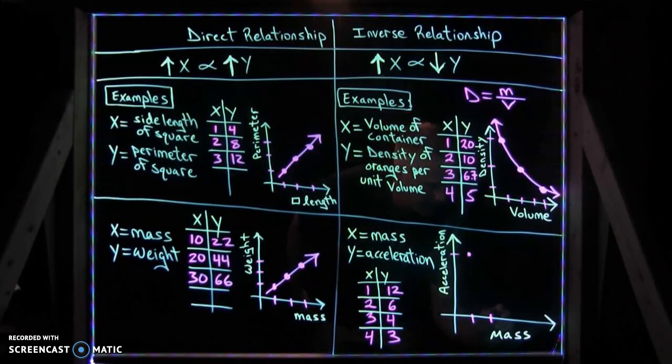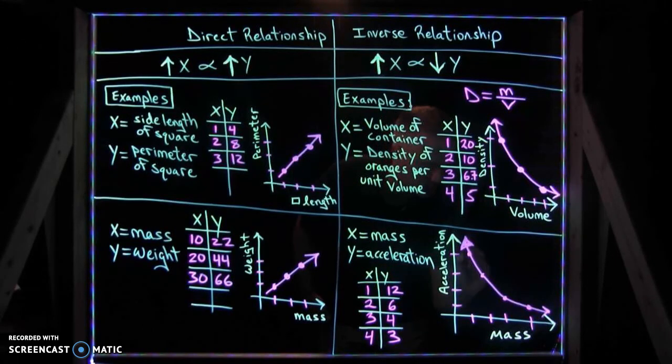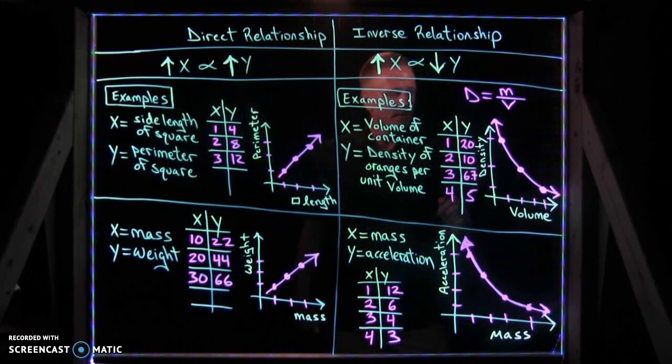And once again, you can see that an increase in mass, as you're pulling this wagon, will correspond to a decrease in acceleration. So you get an inverse relationship. All inverse relationships will have some sort of trend graphically that points downhill to the right with a negative slope, just like you see here.